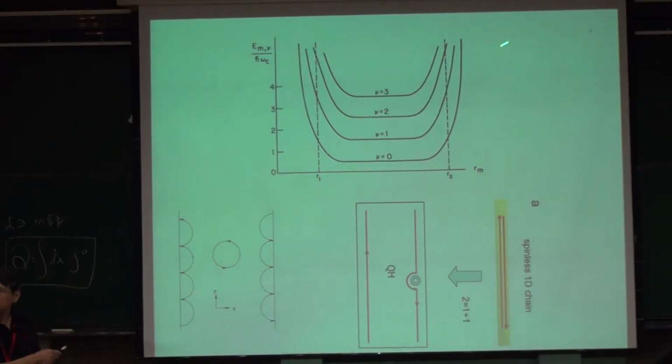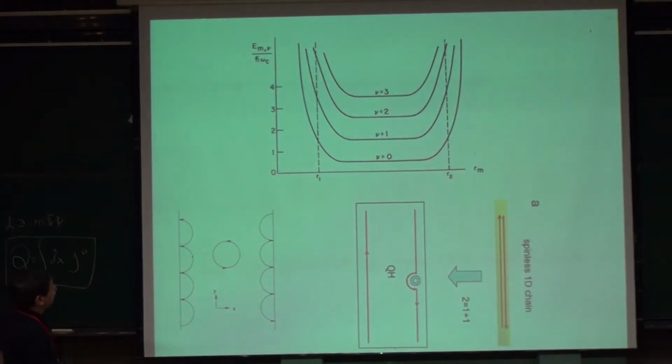So what Laughlin said is that if you put a magnetic flux through the center, what you have is to move one electron from the left edge to the right edge, right?